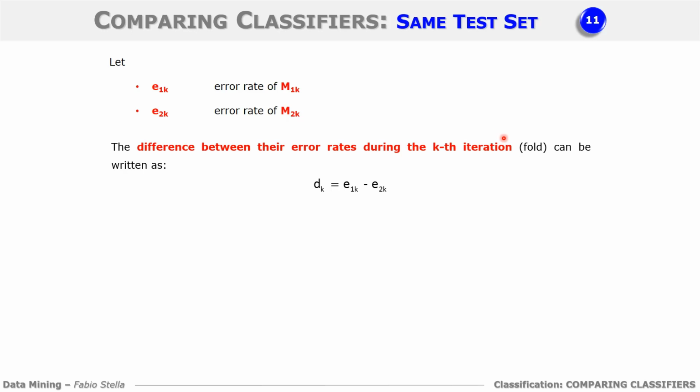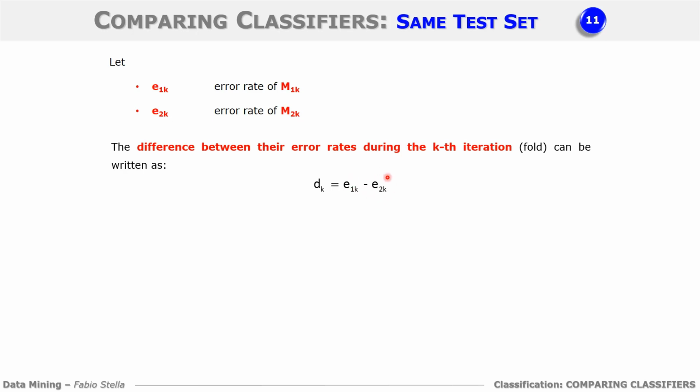The difference between their error rates at the kth iteration of the k-folds cross-validation can then be written as follows. dk is equal to e1k minus e2k. So e1k is the error associated with model M1 at the kth iteration of the k-folds cross-validation.